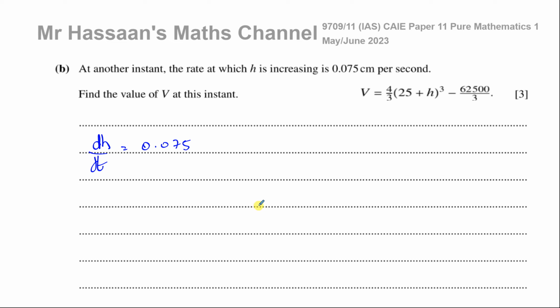So we need to find the value of V when the rate of change of the height is 0.075. Now we already know what dV/dt is.